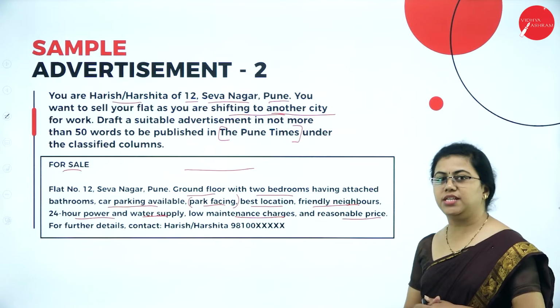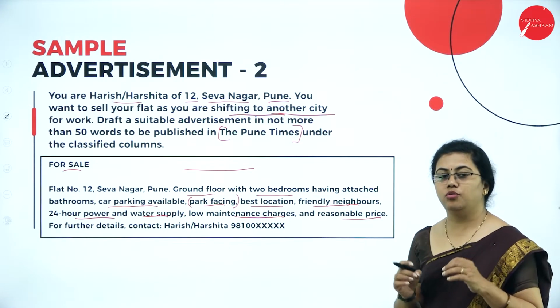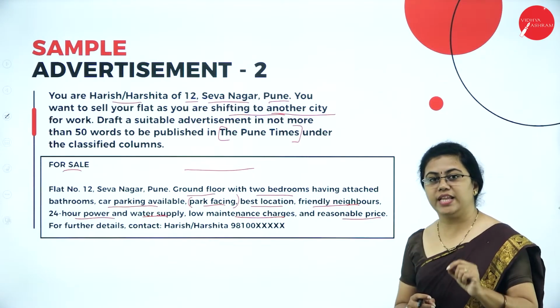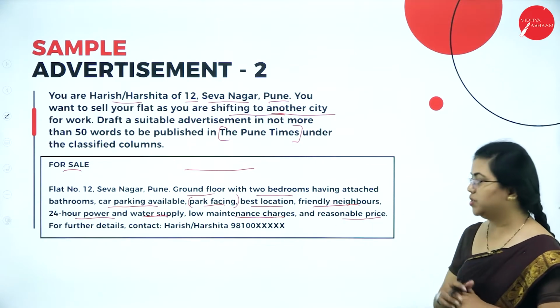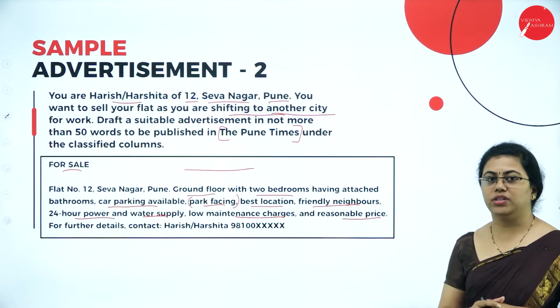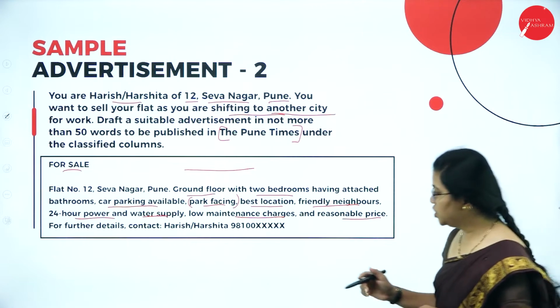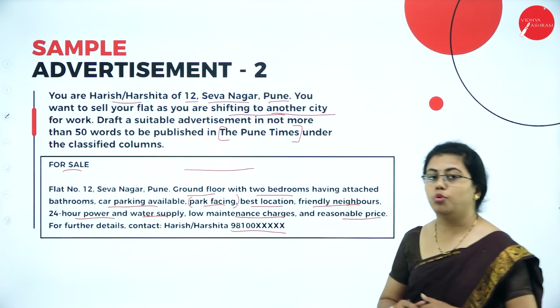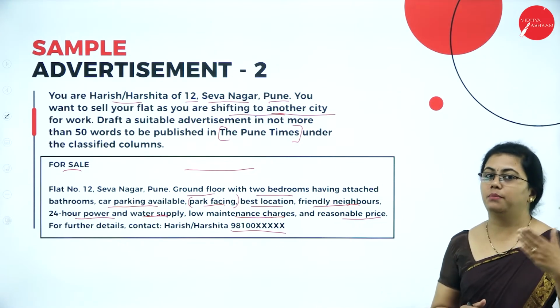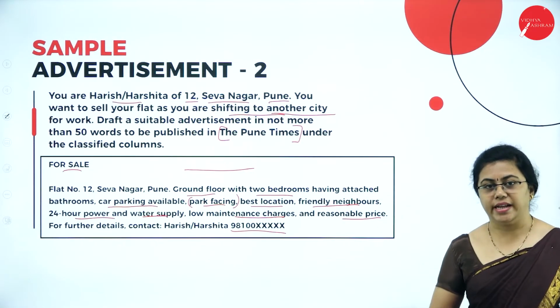Okay. For further details, if at all the person who is willing to buy, who is willing to negotiate, can call up to this person and then find out the details and come there. So you are specifying the mobile number, and that person might call up and ask for the rates.